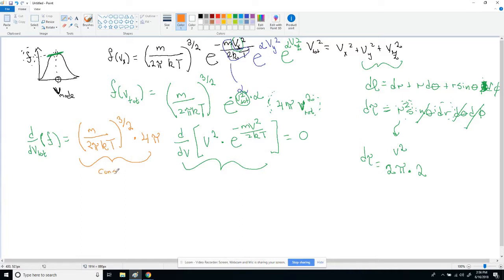Calling this the constant, we have d by dv total of f is equal to the constant multiplied by the derivative of the first, which is 2v, times e to the minus alpha v squared (remember, we called alpha all of this stuff), plus v squared times e to the minus alpha v squared times another 2v for the chain rule.